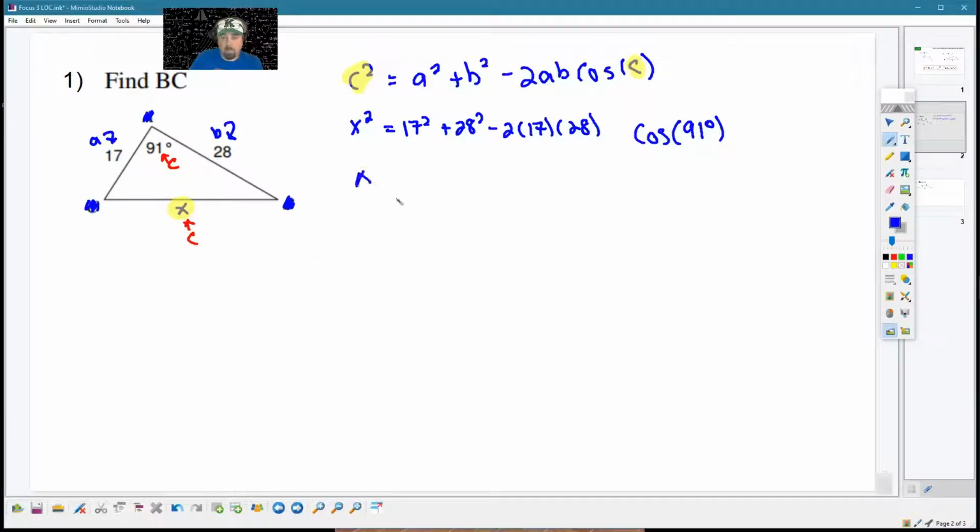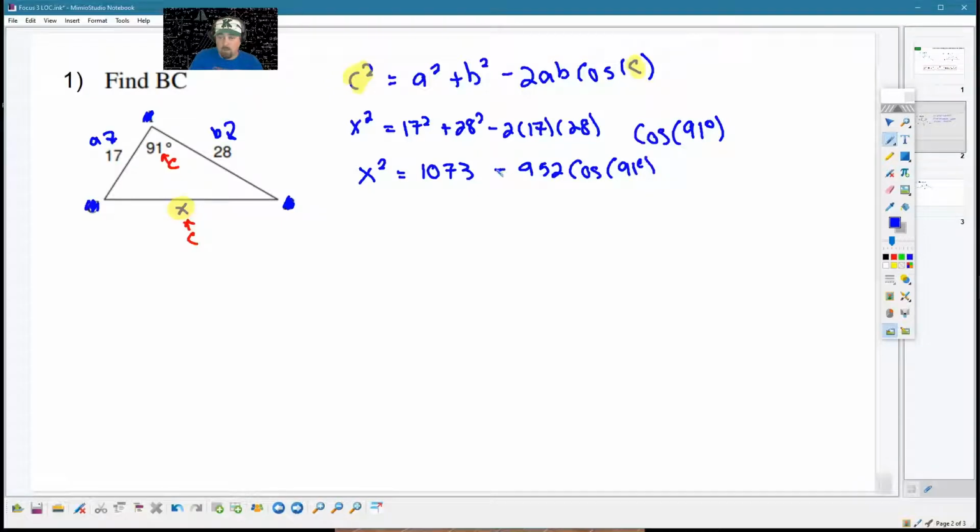So this is x squared, and this is 1073, and we're going to multiply this out. So 2 times 17 times 28 is 952. So 952 cosine of 91.